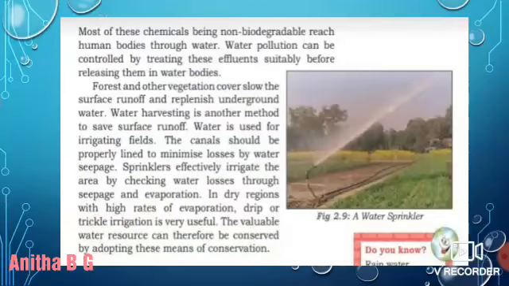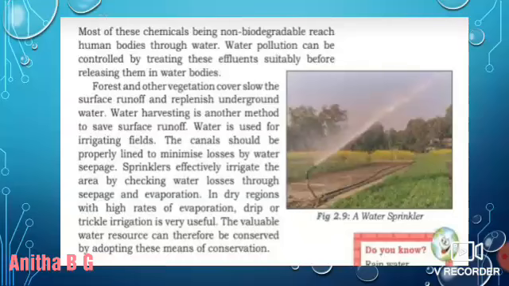Most of these chemicals are non-biodegradable and reach human bodies through water. So these chemicals are very dangerous for human beings.